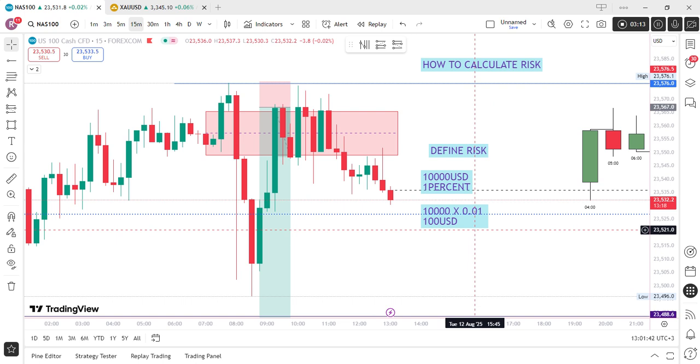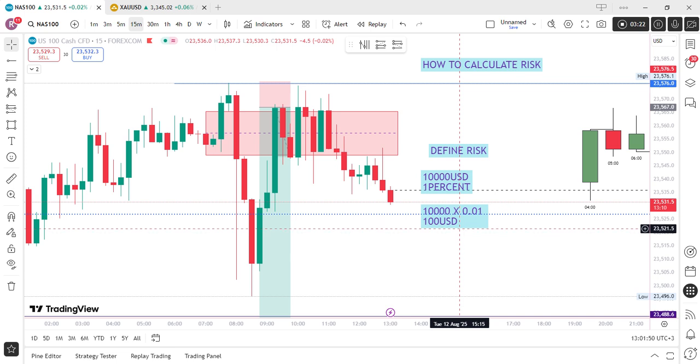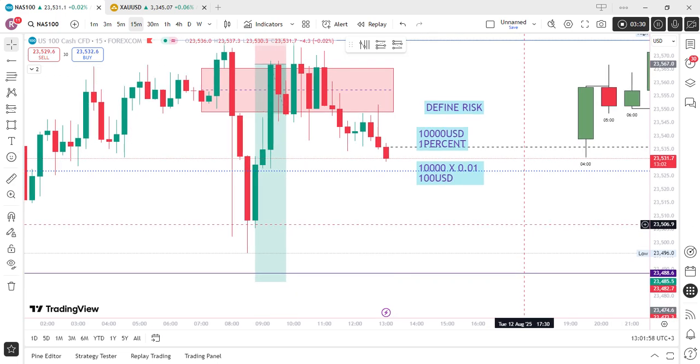That is how you calculate risk per trade. What this literally means is that you're willing to lose only 100 USD of that 10,000 USD. That is 1%.